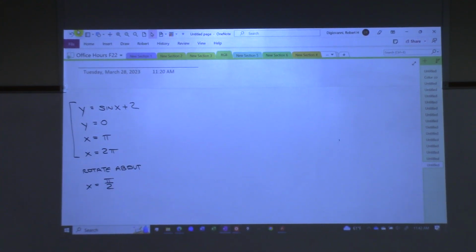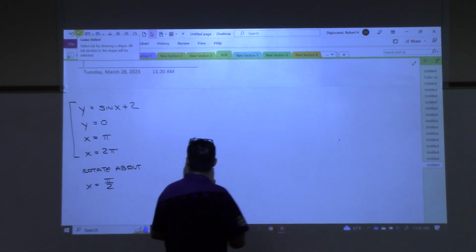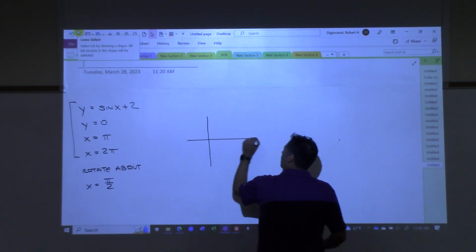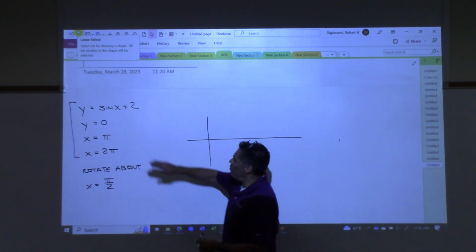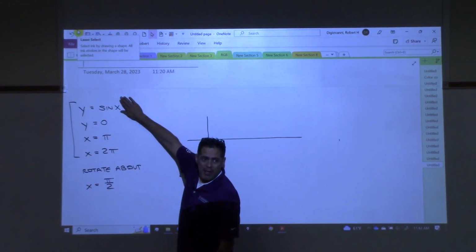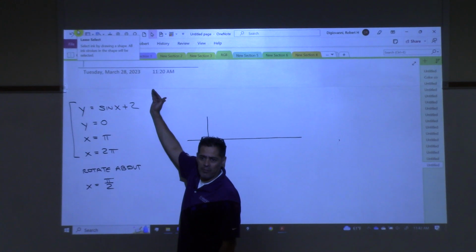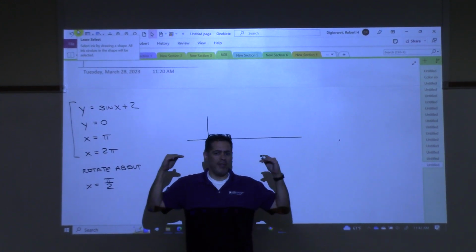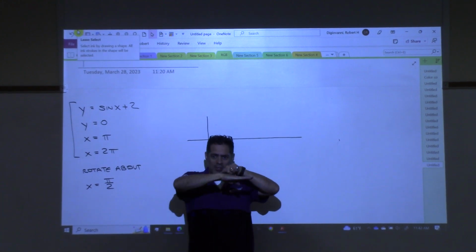So let me graph the region first. We all know what sine of x looks like, and then we're going to move the whole thing up 2. If I move it up 1, all the bottoms will touch the x-axis.